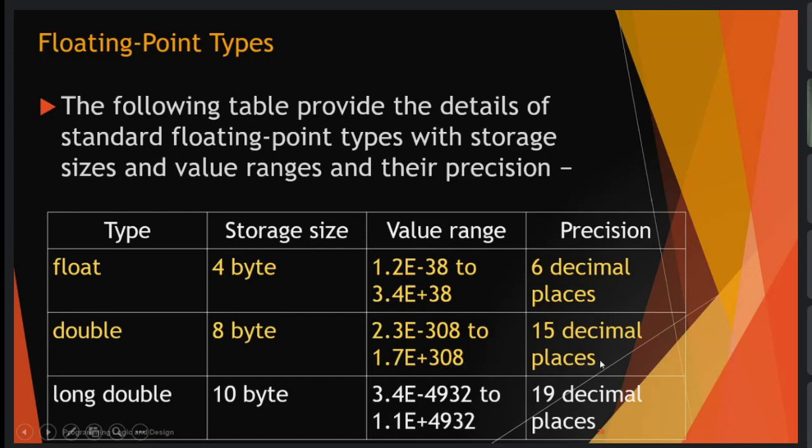And it can support up to 15 decimal places. So for example, if you are trying to store a value for money, with interest computations, which one would you be using for your application? Float or double?